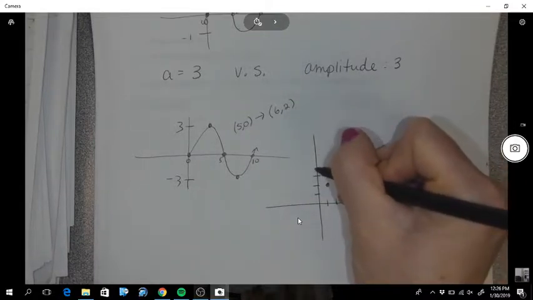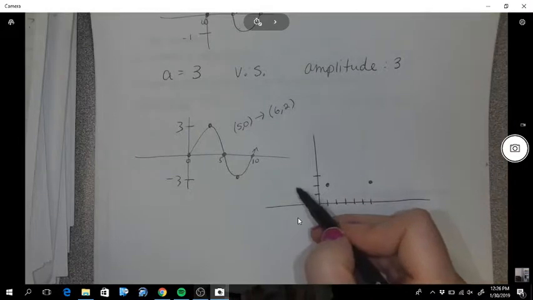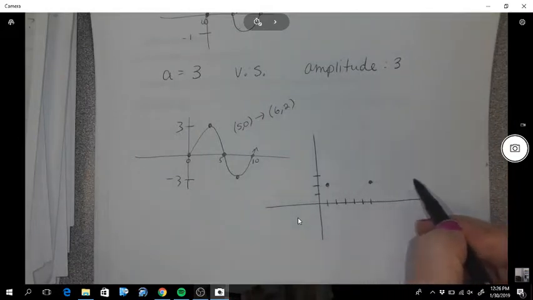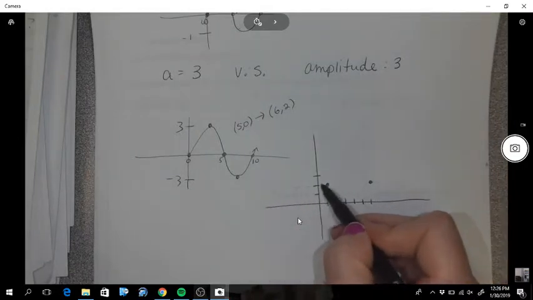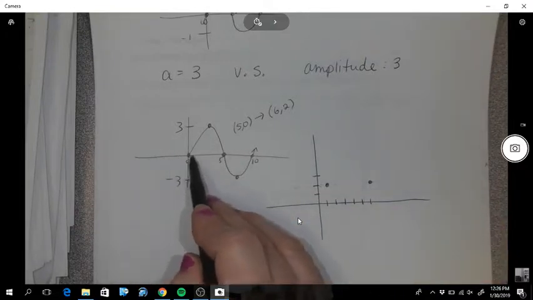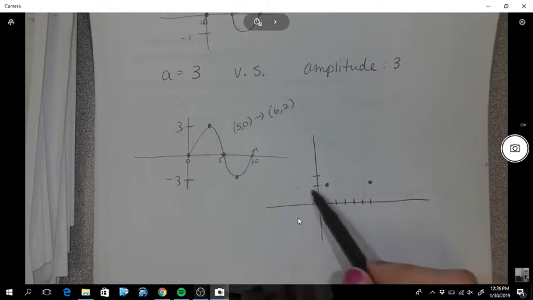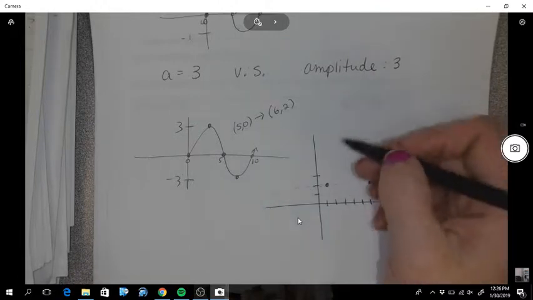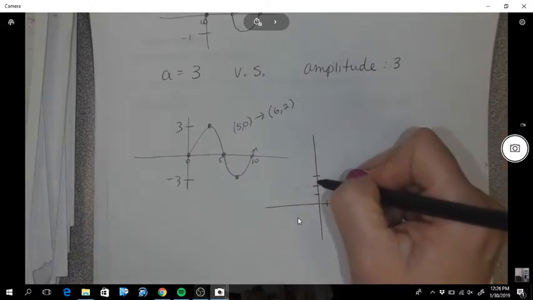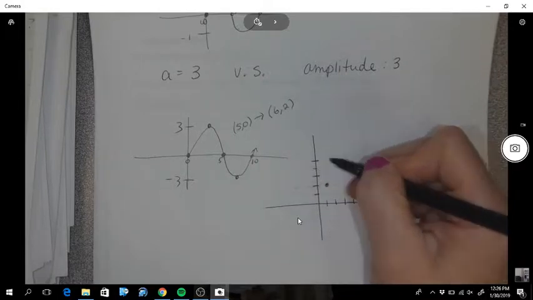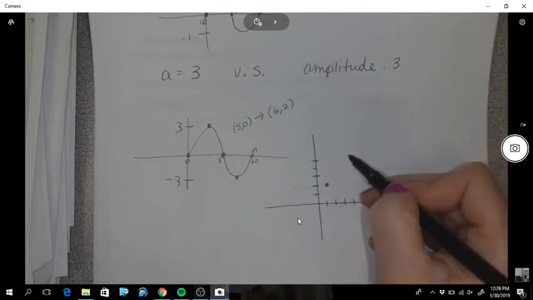Okay, and then I visualize that this is now my center line. See how this was always going off of the line y equals 0. Now y equals 2 is my center line. And then I'm going to have to move 3 up, so 1, 2, 3, to get my max.